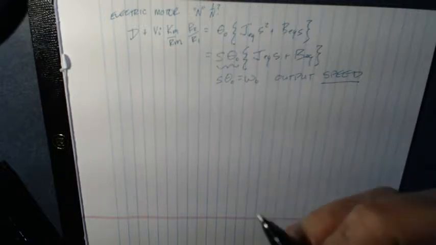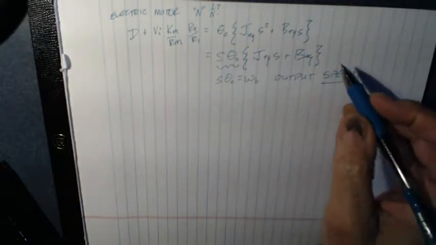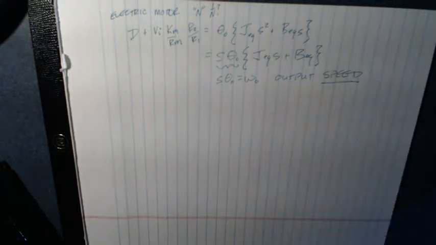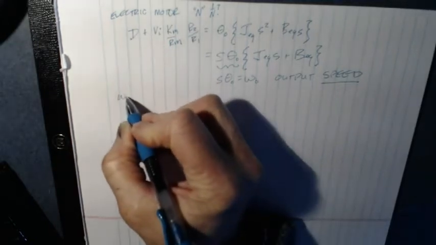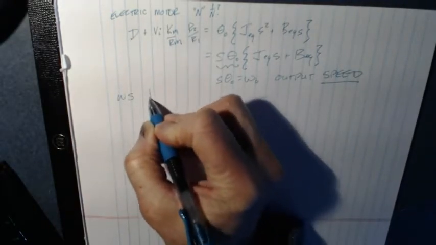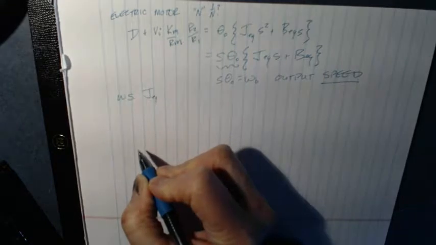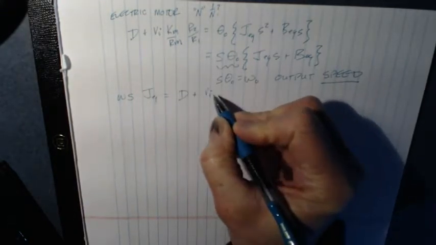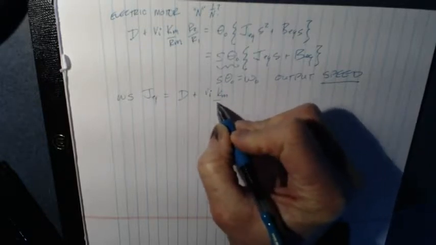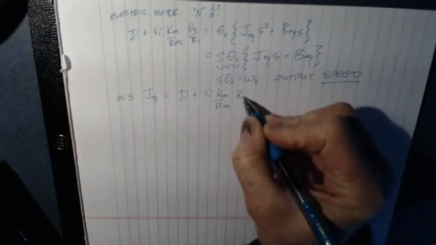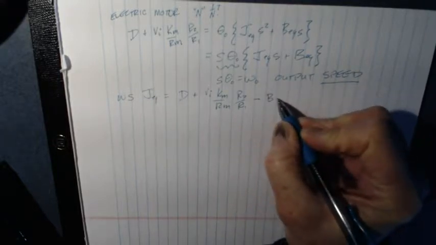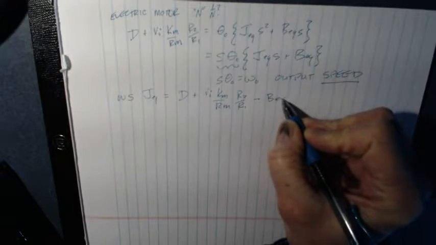And so here again, what I'm going to do is solve this equation for the highest derivative. In this case, the highest derivative is going to be omega S J equals D plus VI Km over Rm, R2 over R1, minus B equivalent.